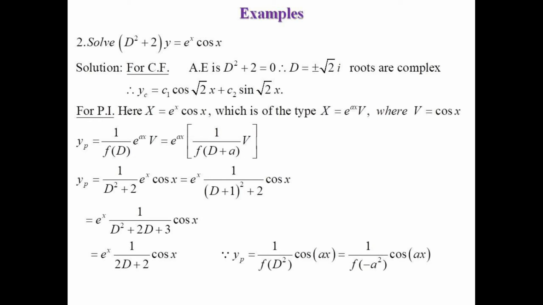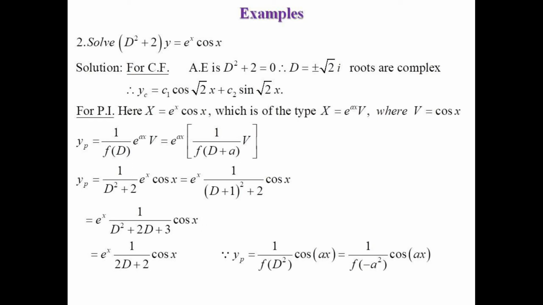Here the linear differential equation example is: solve (D square plus 4) y is equal to e raised to x into cos x. Again, to find the value of the complementary function, first find the roots of the auxiliary equation. Here the auxiliary equation is D square plus 4 is equal to 0.